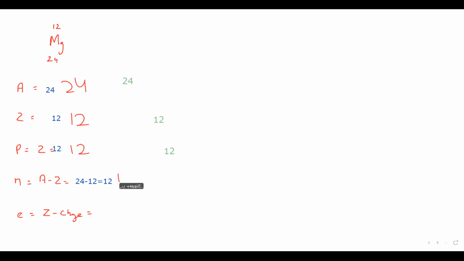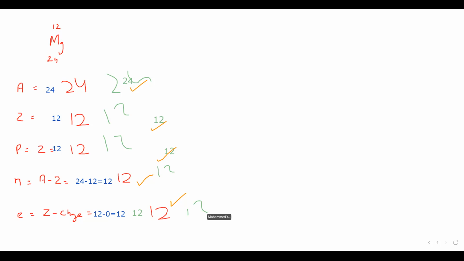So when we check, A is 24, Z is 12, P is 12, that's right. N is 12. So all the numbers are 12. That's right, correct.